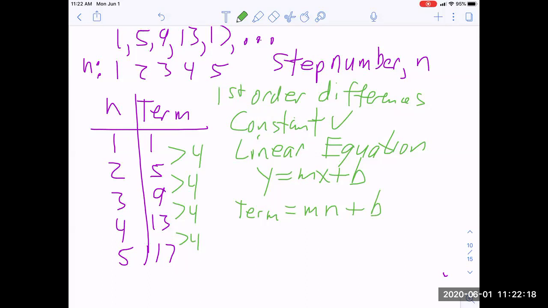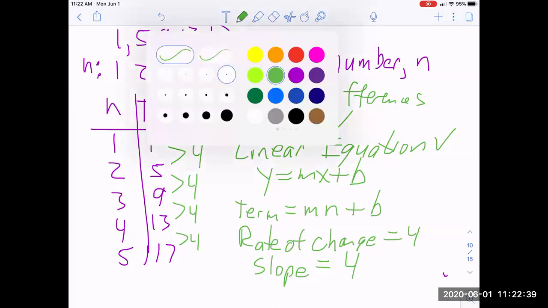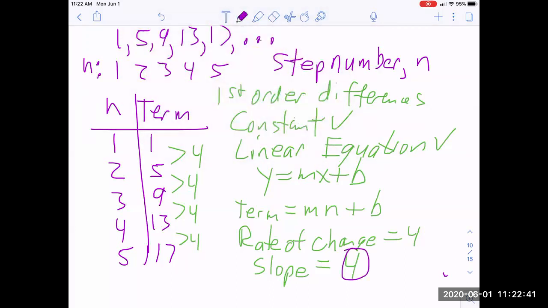And here's the information that my first order difference gave me. It's constant. It's linear. That means the rate of change between each term is 4. That means that the slope of my equation is 4. And if you recall slope, that's your m.